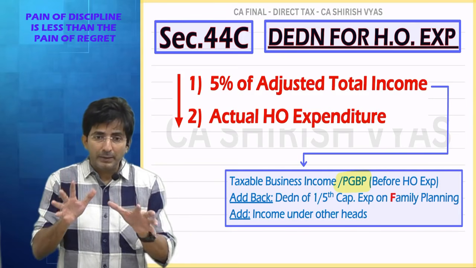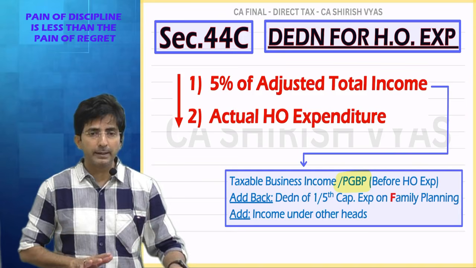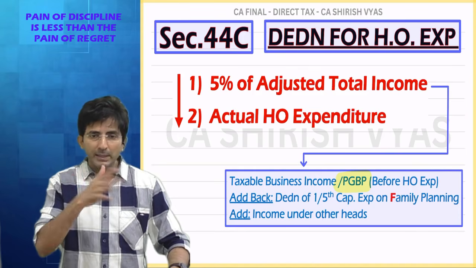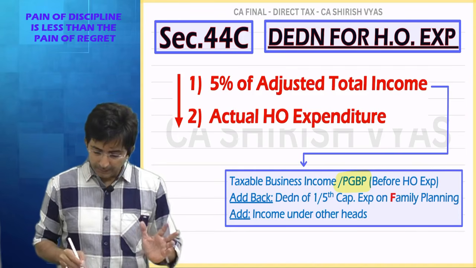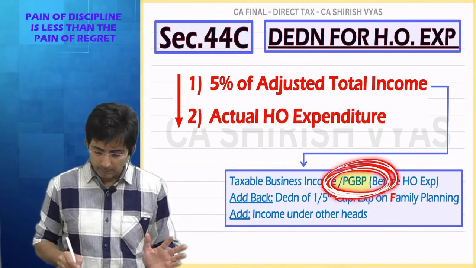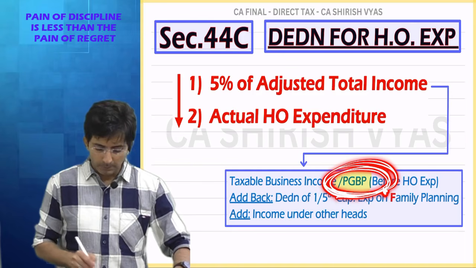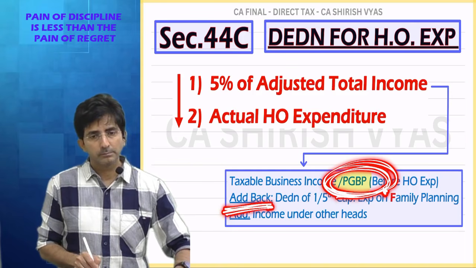If there is some capital expenditure on account of family planning, 1/5 of that is allowed. So allowed means it is allowed as deduction. So see, in your final PGBP income, you should have claimed deduction for family planning expenditure. But this you will have to reverse.